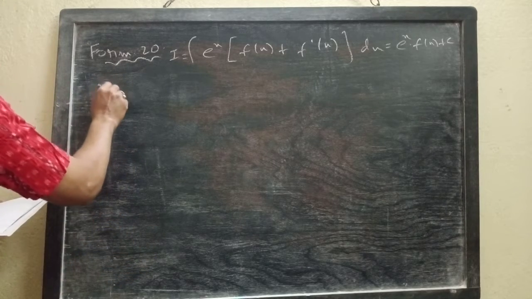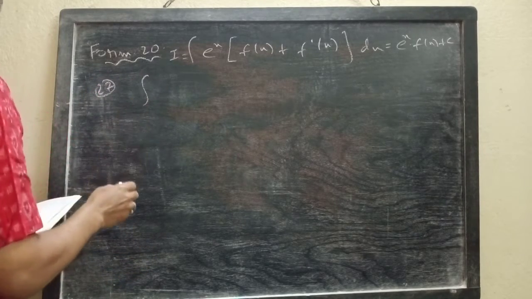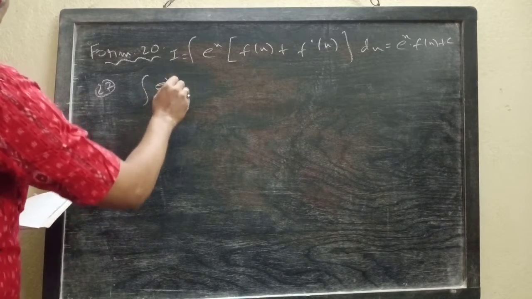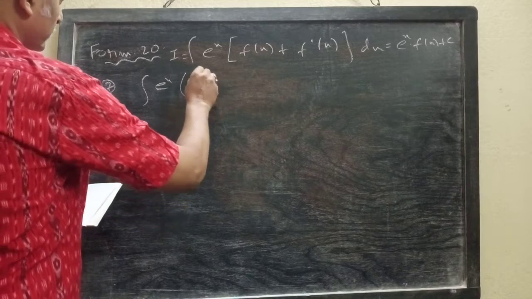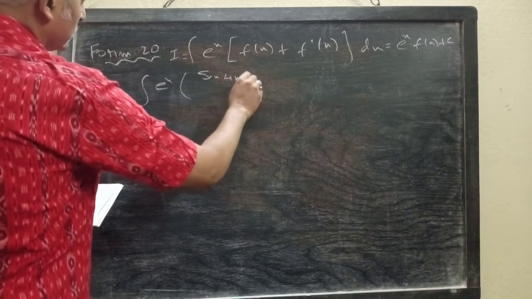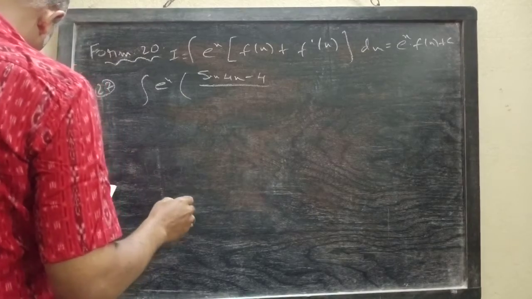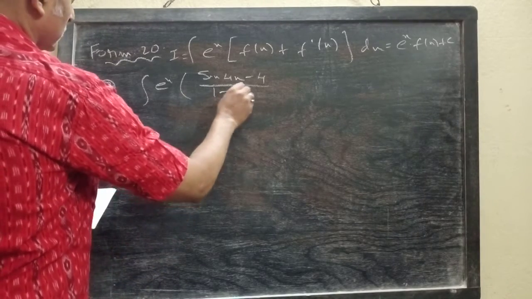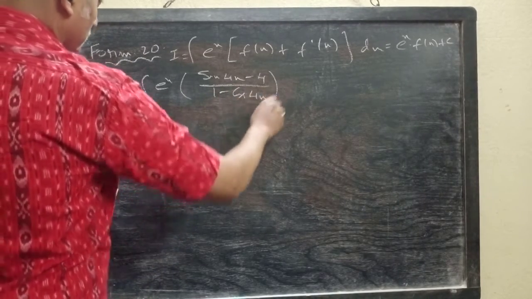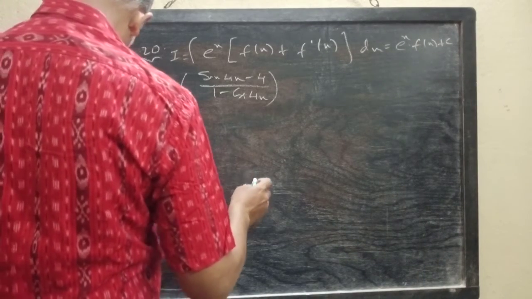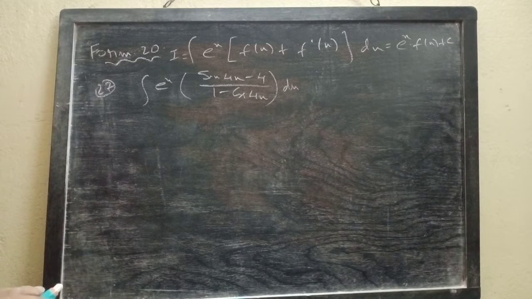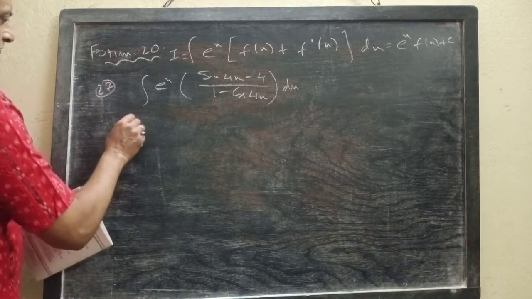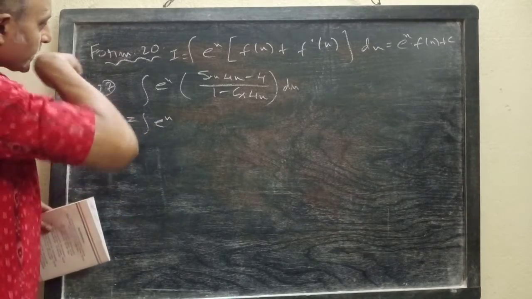27. Integration e to the power x into sine 4x minus 4 by 1 minus cos 4x dx. e to the power x.